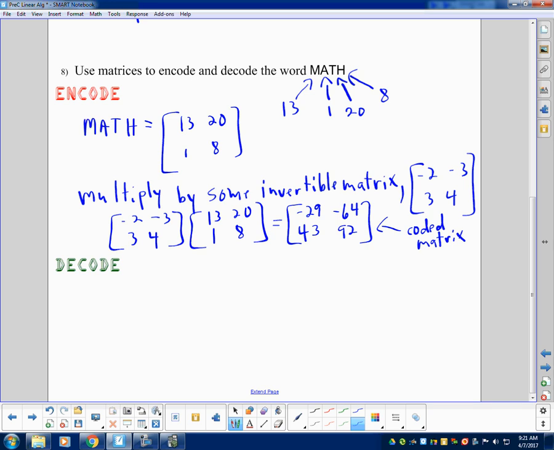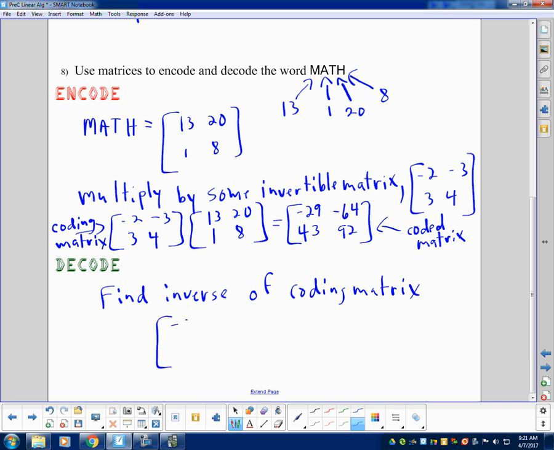Once again, this is the coding matrix, and the end result is the coded matrix. So -2, -3, 3, 4, inverse.